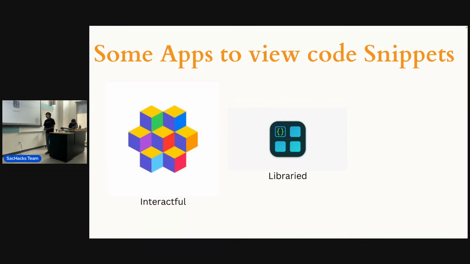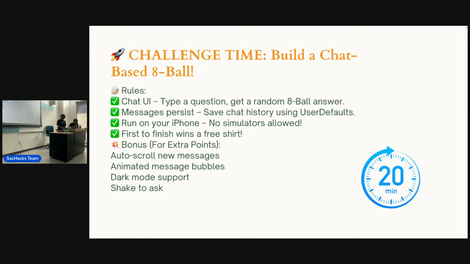One of the challenges that we have is I'm going to give you a task and you build that on Xcode. You can finish it in 20 minutes, and you can get a shirt. This is not a team activity, it's more of an individual one.